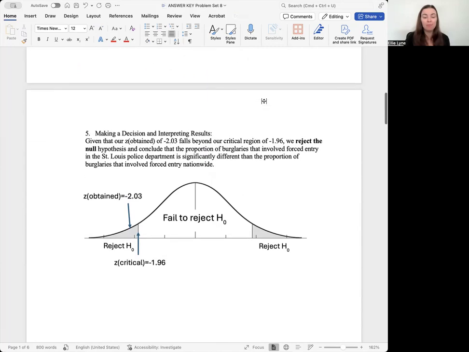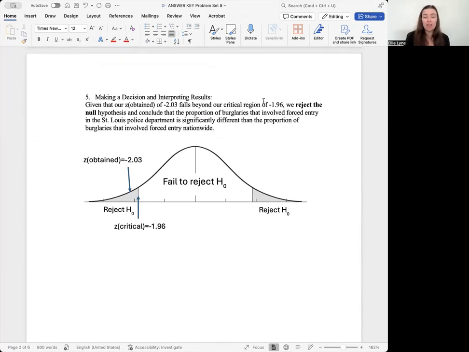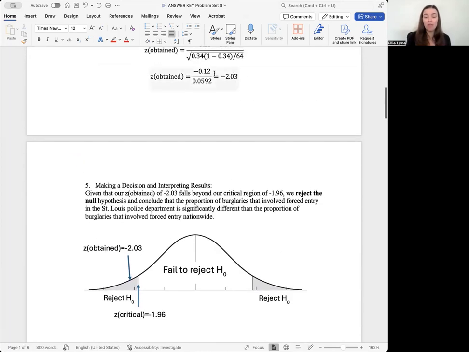Our very last step here is to make a decision and interpret our results within the context of the problem. That is our key here. A lot of you stopped at simply this step, with our Z obtained, and did not take the final concluding step of making sure what this meant for our problem, right?